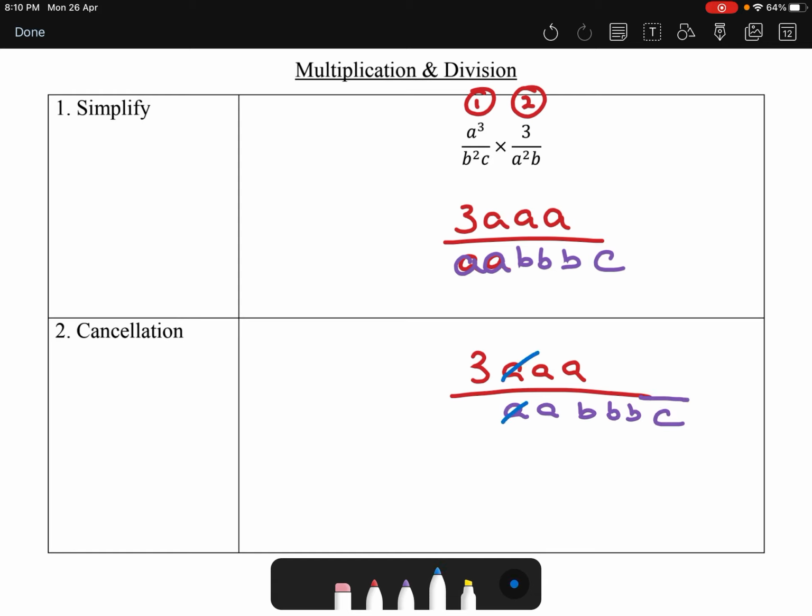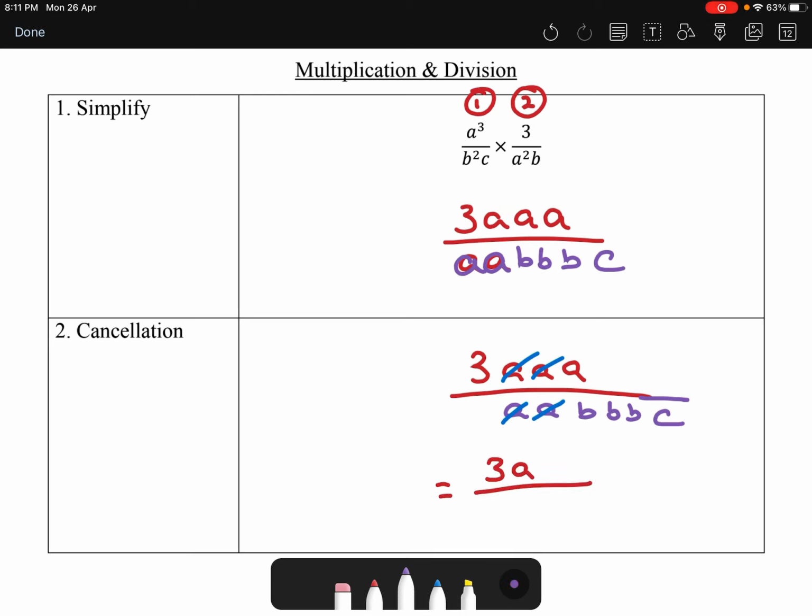Notice that I can cancel an a away, and another a away. No more. I can't cancel b because I only have b at the bottom, not at the top. Also c I cannot cancel because c is only at the bottom. So after cancellation, you just put them in a very beautiful form.